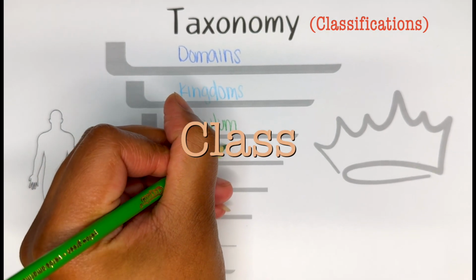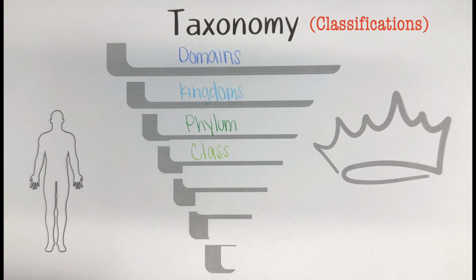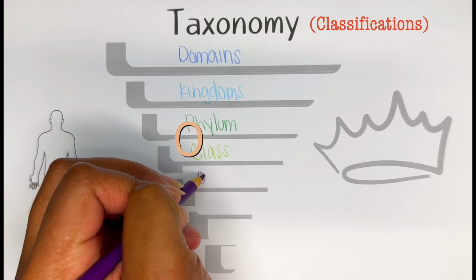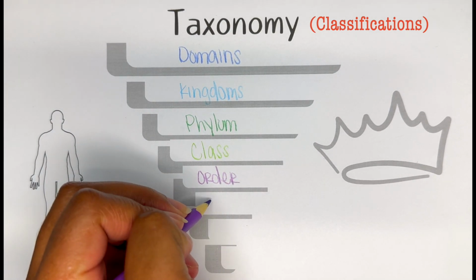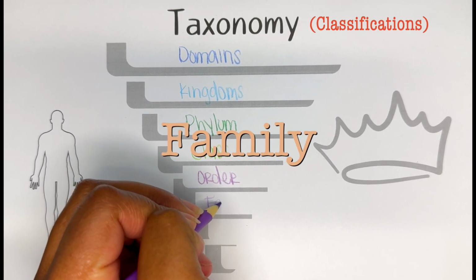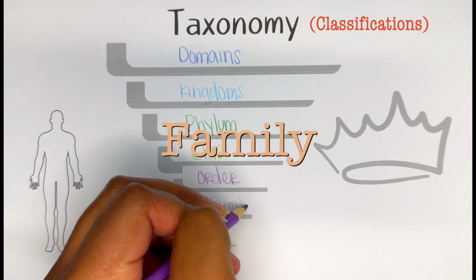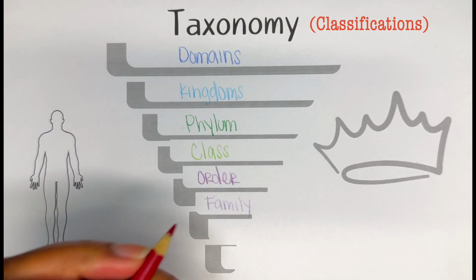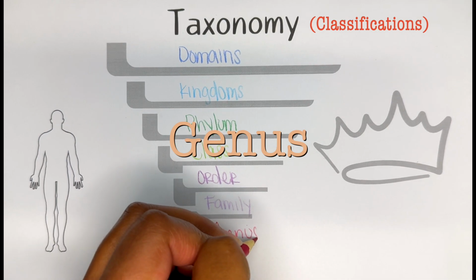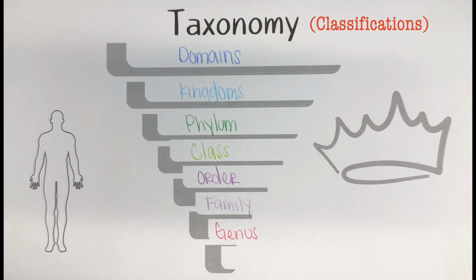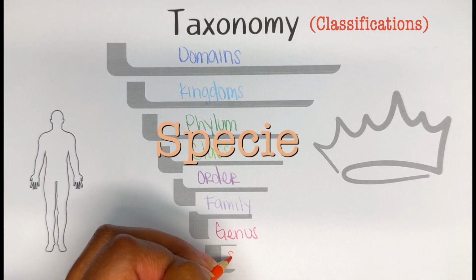Class. Order. Family. Genus. Lastly, species.